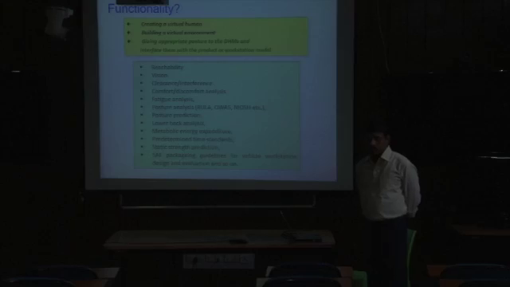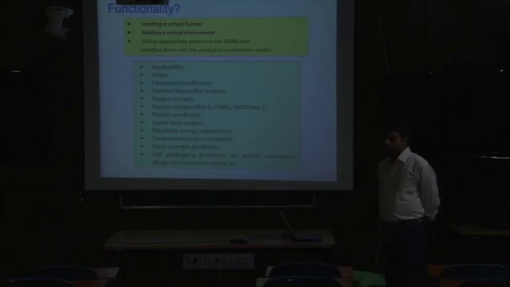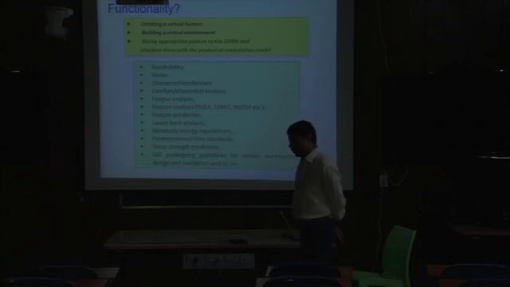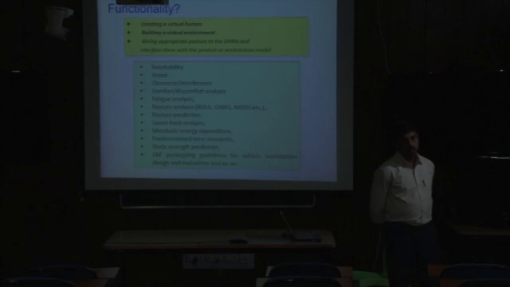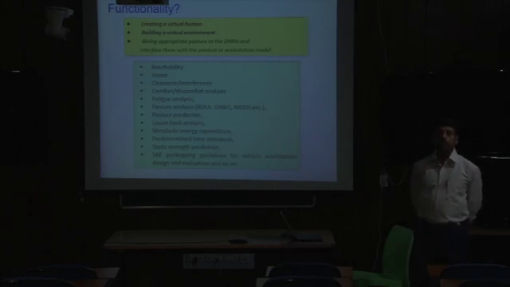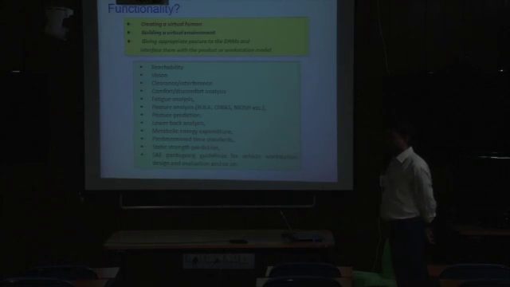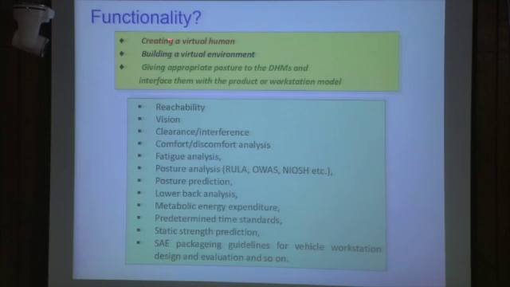Now, what are the functionalities of digital human models? The basic functionality of any of these digital human modeling software, whatever software we discussed, that may be Jack, Sammie, Ramsis or Santos, for all these software, the basic functionality is creating a digital human model.